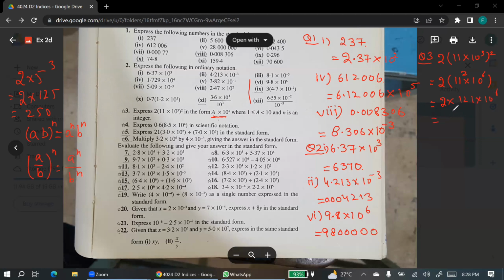Now we will multiply 2 with 121 and 10 power 6 both, or we will multiply 2 only with 121? Only with 121 first. Now, if there is written 2 into 3 into 5, we will multiply 2 with both 3 and 5, or with one of the 3 and 5?